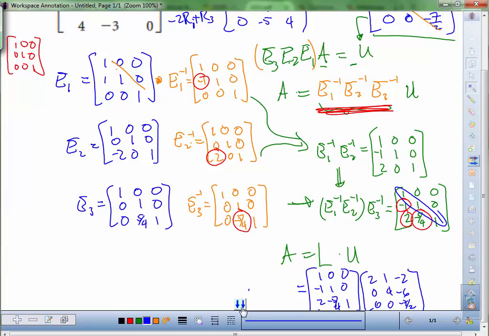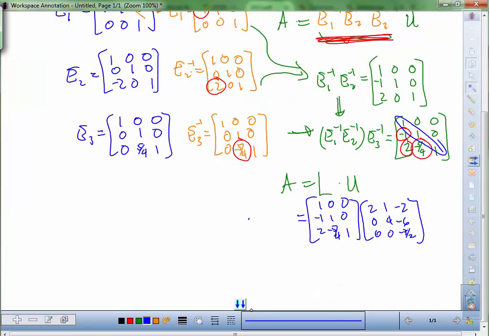So that is our matrix. A can be broken up into a lower triangular and an upper triangular matrix.